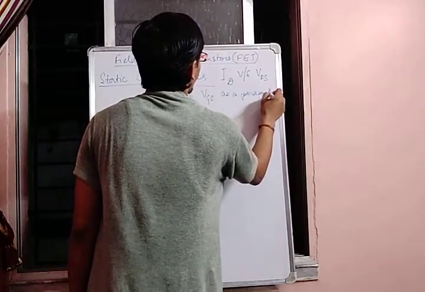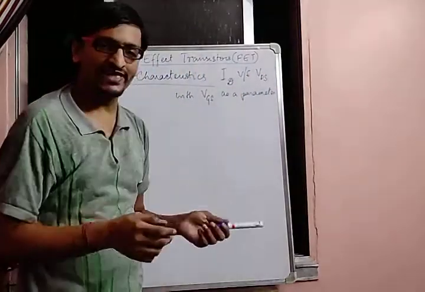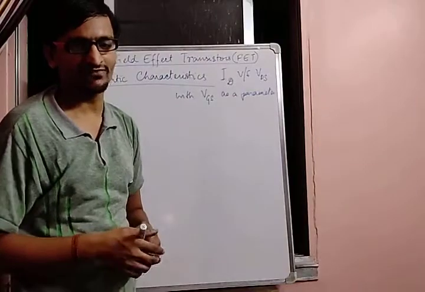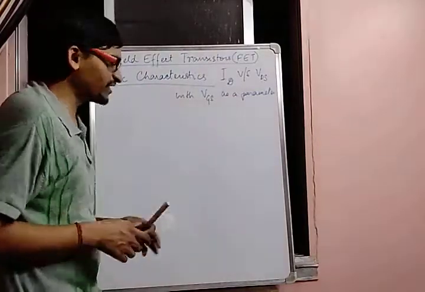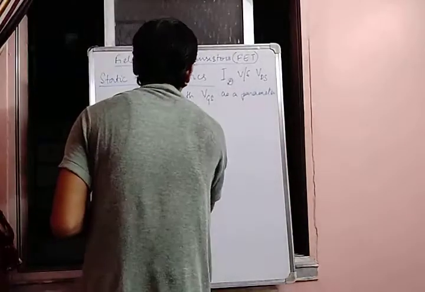That means for various values of VGS, the plot of ID versus VDS gives us the static characteristic of the JFET.